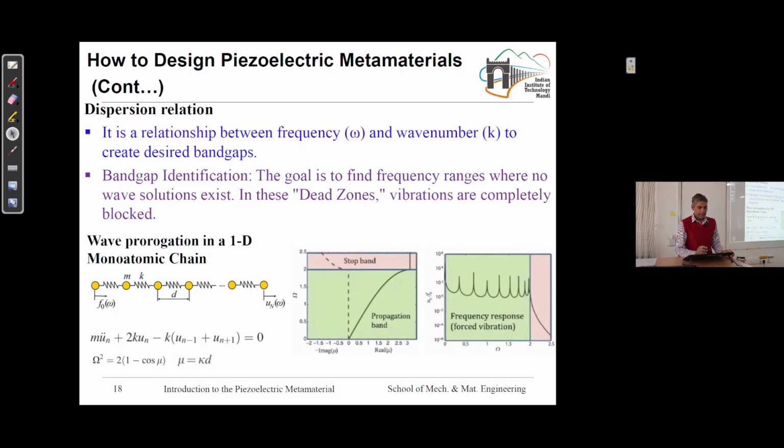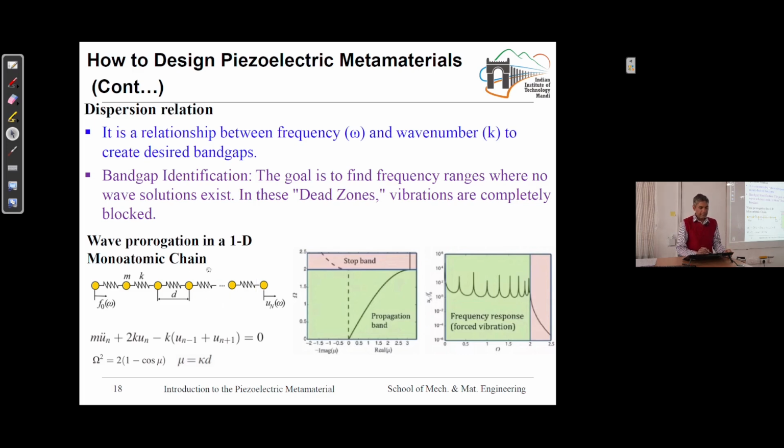In this simple structure, this is a one dimensional monoatomic chain, or we can assume a simple rod made of springs and masses, mass and spring.